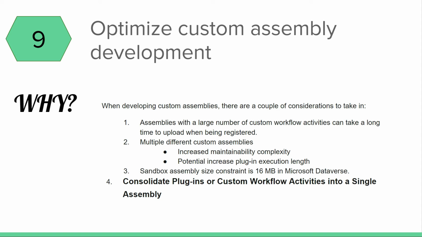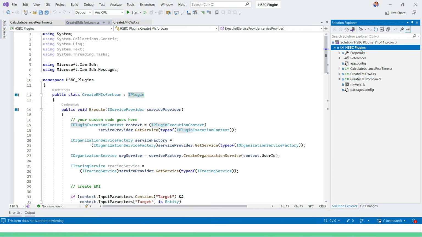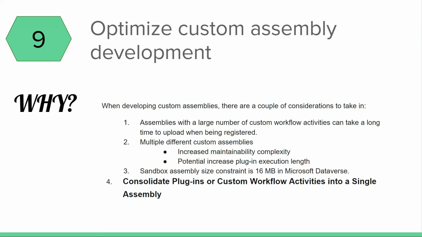Do not create assemblies or DLLs with a large number of custom workflow activities. For example, this will generate one DLL, and inside this DLL you have added hundreds or thousands of custom workflow activities. That is not the best practice, because custom workflow activities can take longer to upload when registered.